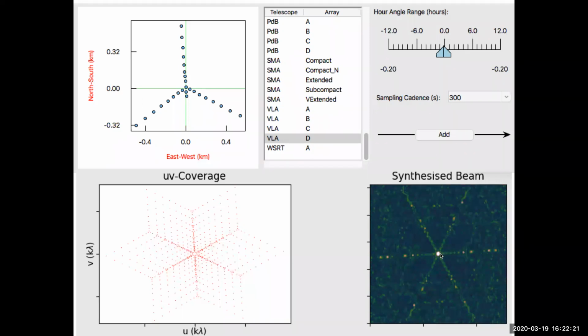This is a synthesized beam that has major side lobes. You have these spokes. And I want to point out, these spokes on the side lobe structure of the synthesized beam, note how they fall in between the spokes in the UV coverage, because these spokes in the UV coverage are directions that we have lots of measurements in, and in between are the directions we have very few measurements in. And so that's where the side lobes are worse, where you have fewer measurements.